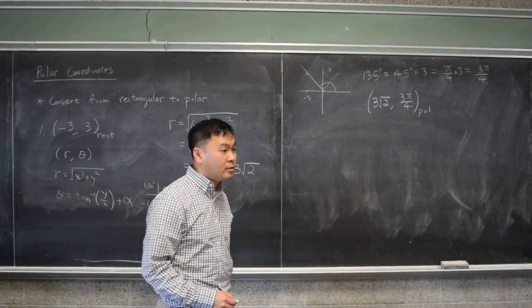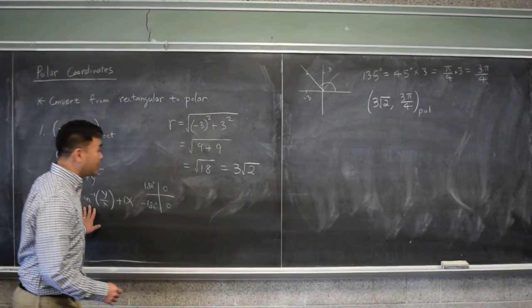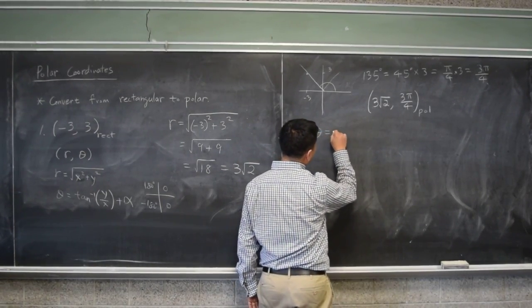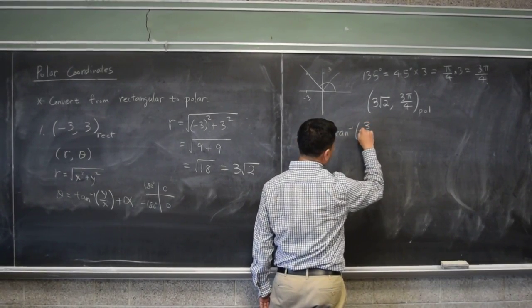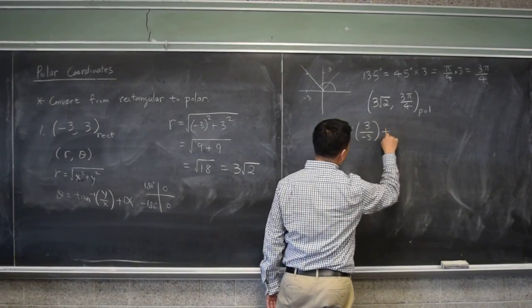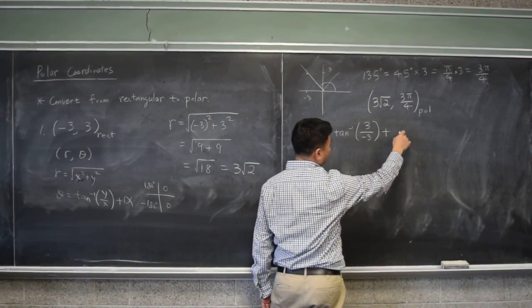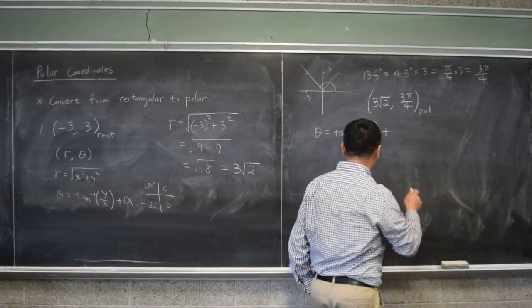Oh, okay, so let's try it this way too. If we try to use the formula tangent inverse of y over x, and because this is in the second quadrant, according to this prescription here, we're supposed to add 180 degrees, right?